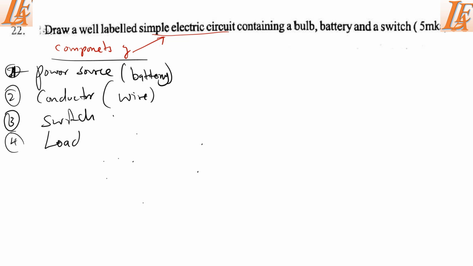As a load, you can use a bulb. You can even use a resistor and many other components. So I want us to draw a very simple electric circuit which contains a bulb, a battery, a switch, and of course a wire.